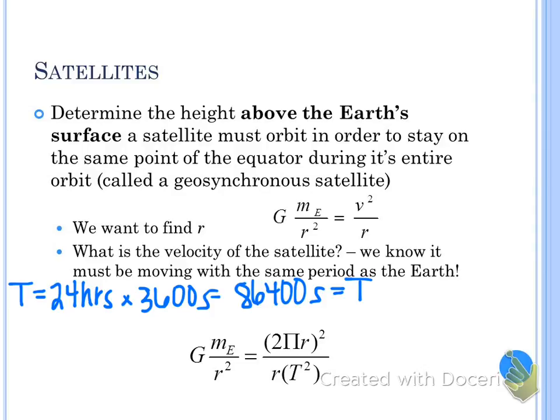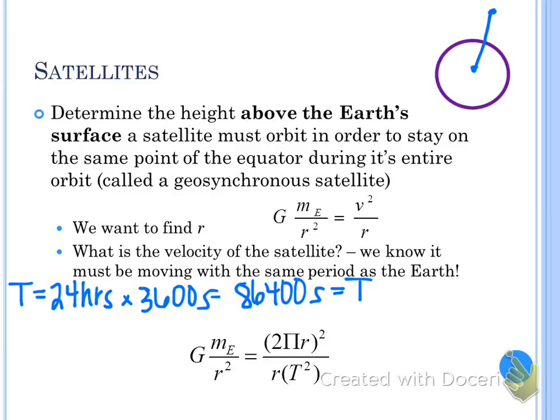We're trying to find the height above the Earth's surface. So here's Earth again, and here's our satellite. The radius that we solve for will be from the center of the Earth to the object. So we can't just use the radius of the Earth because we want the whole distance. We're solving for r.